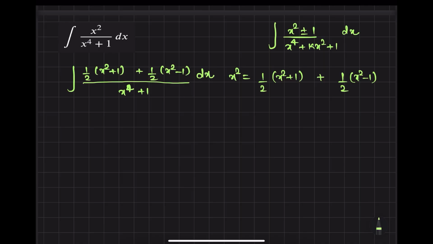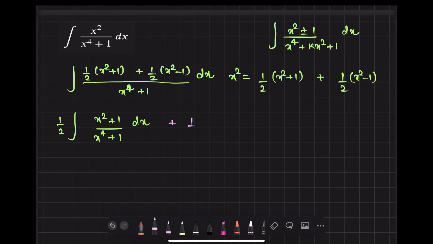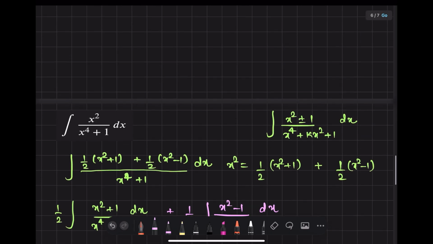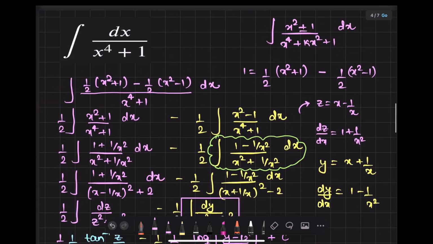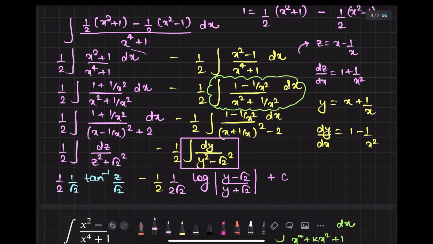Now you will segregate this question into two questions. 1 by 2 x square plus 1 by x power 4 plus 1 dx, and the second question is plus 1 by 2 integration x square minus 1 upon x power 4 plus 1 dx. Now to solve this question, you can take inspiration from this question.